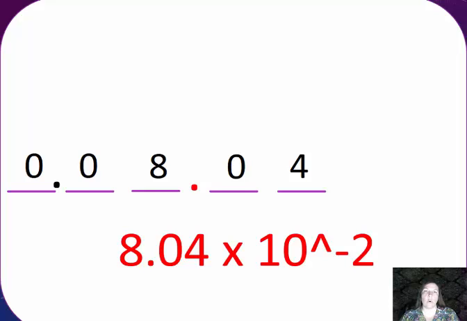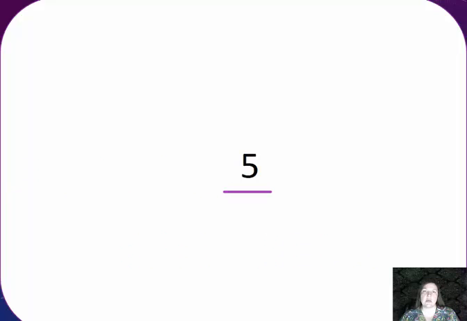Let's try one more, and then I think you'll have it. So here we just have the number 5. Now, remember, the whole point of scientific notation is to be able to represent really large numbers in a simpler way, or really small numbers in a simpler way. But we can still represent numbers that do fall between 1 and 10 in scientific notation.